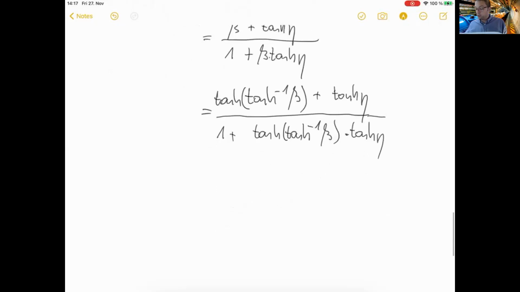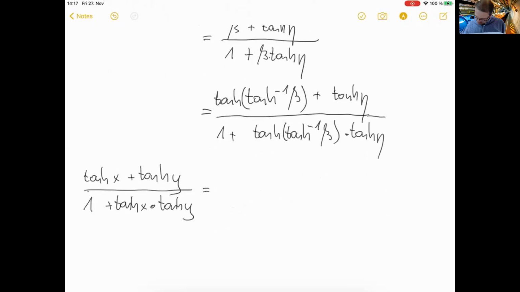And now you need to know that there is an addition theorem for the tangent hyperbolicus. This is just tangent hyperbolicus of x plus y. And we can use it here.